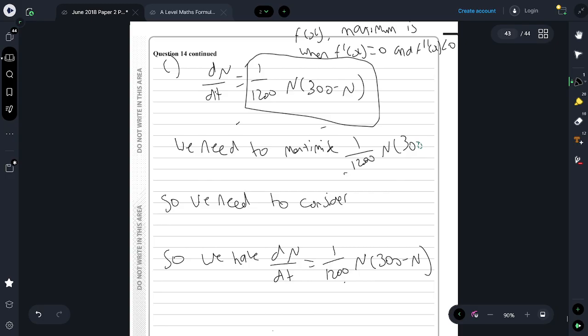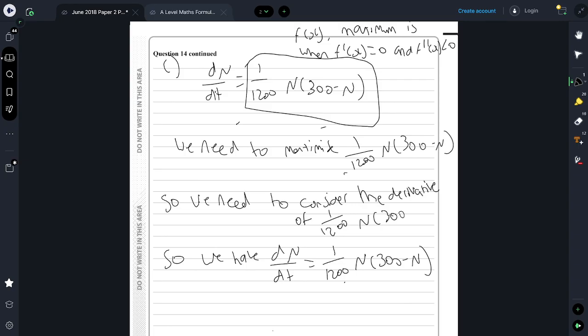Oh, what have I done here? There we are. Okay, hopefully that's clear. So that means we need to consider the derivative of this, right? 1 over 1,200, n of 300 minus n. Hopefully that's clear.